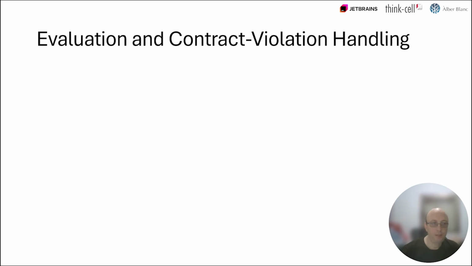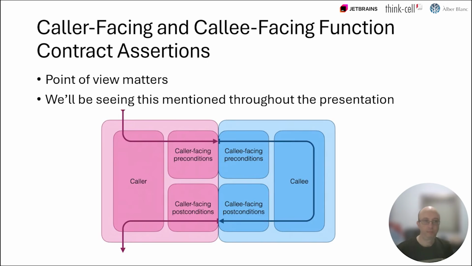Next, we'll be discussing some aspects of how contracts are evaluated and how contract violations are handled. First, a quick word on point of view. You've been hearing quite a bit about callers and callees, and you will even more during the rest of this presentation. This is the basic model. For any function, we have the caller and we have the callee, that's the function itself.